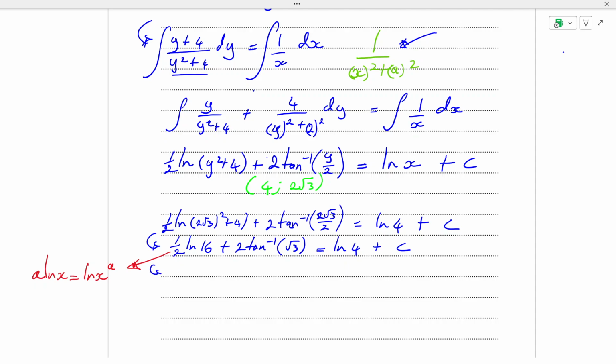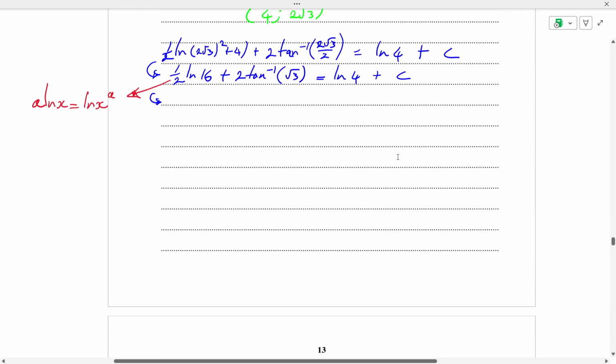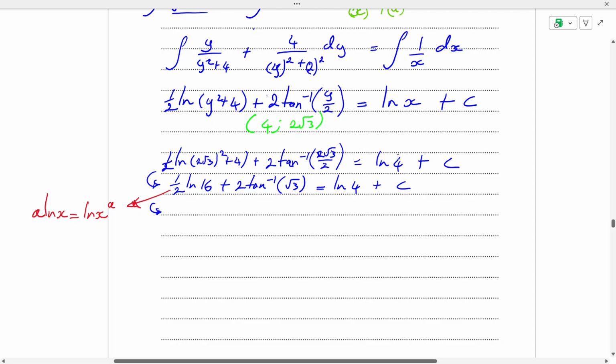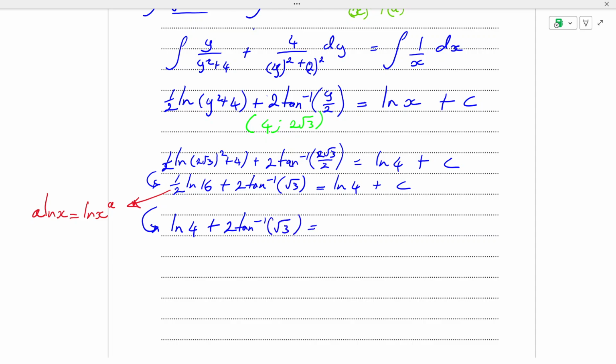Okay, so we now have, I'll skip one line. We'll now have ln 4 plus 2 tan inverse of root 3 is equal to ln 4 plus c. Then these two can cancel out.